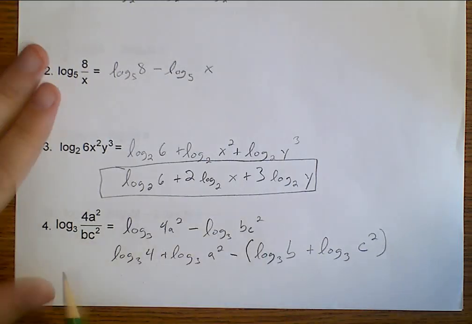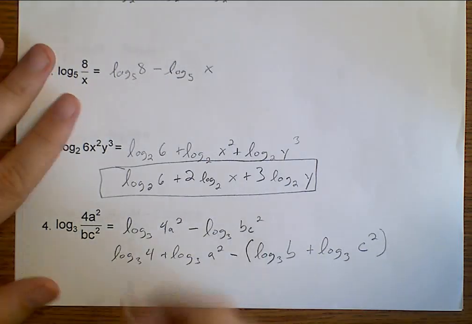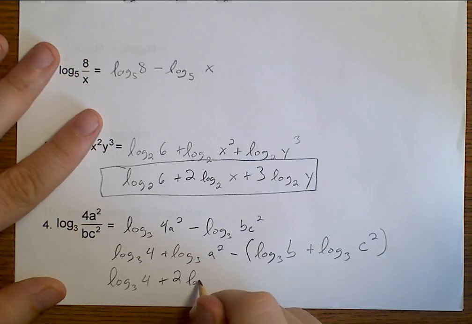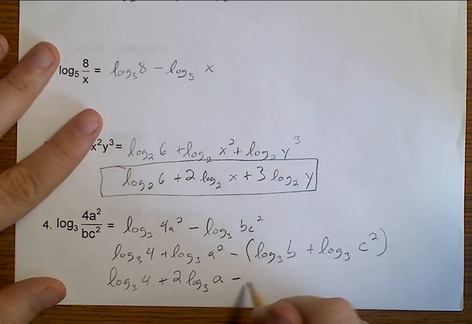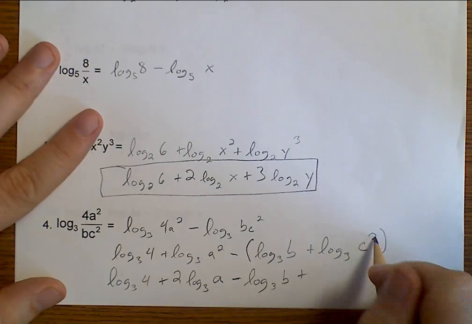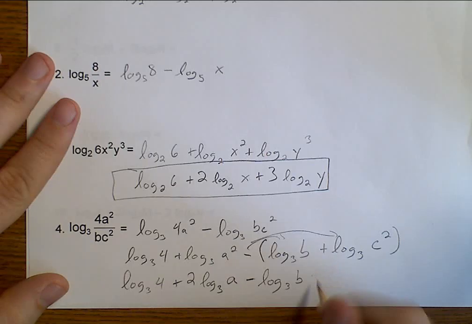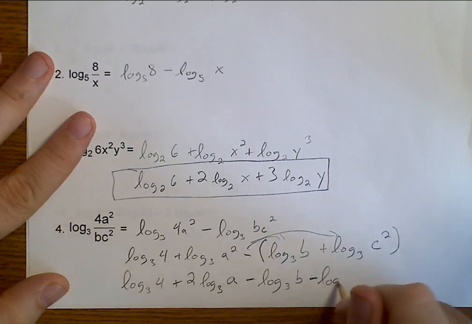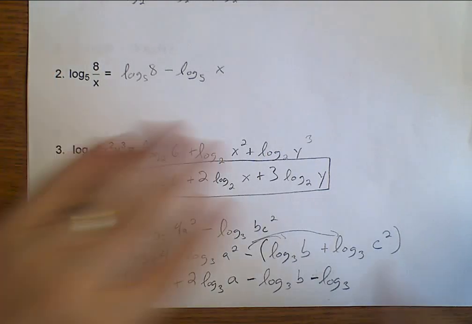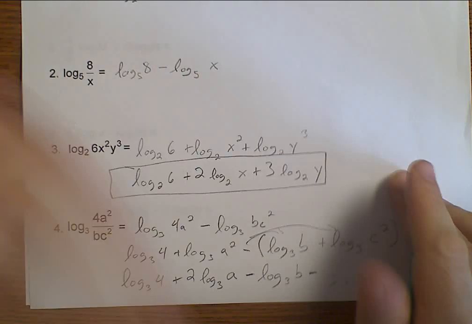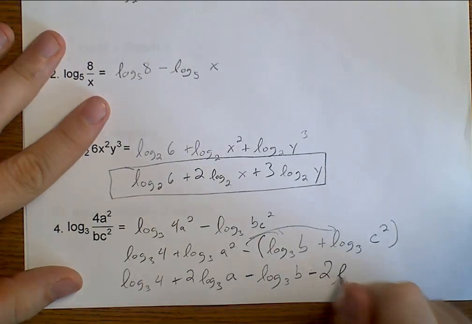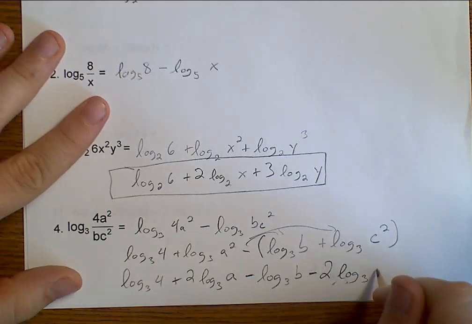And now exponents. Log base 3 of 4 plus 2 log base 3 of a minus the log base 3 of b. I'm also going to distribute my negative sign, so minus 2 log base 3 of c.